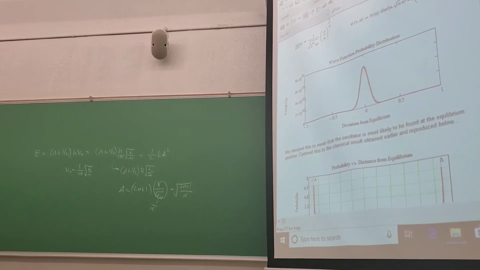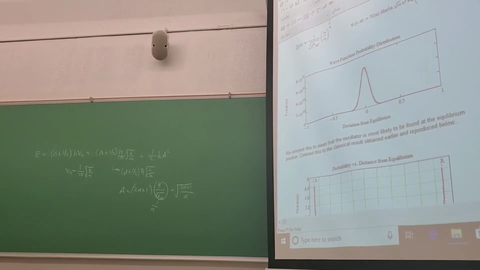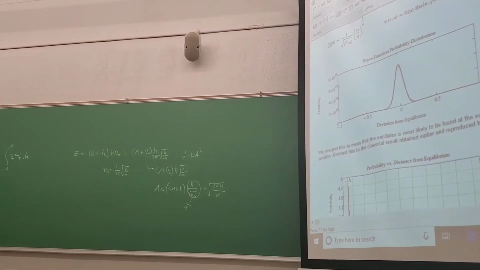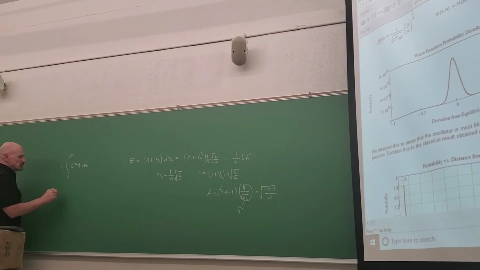To do that, we will take an integral from the amplitude to infinity, where this is the classical version of psi star psi dx. And because we're going to take into account the stretching, but remember there are 2 turning points, an outer turning point and an inner turning point, I'm going to double this and make that 2.